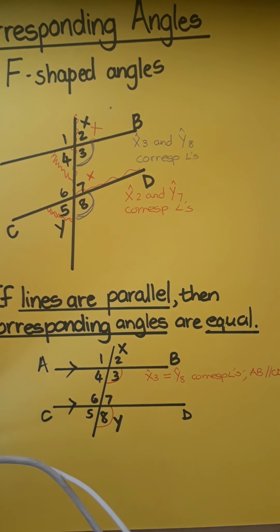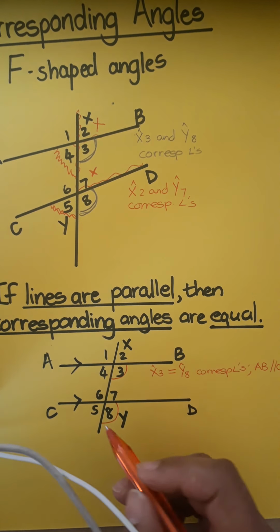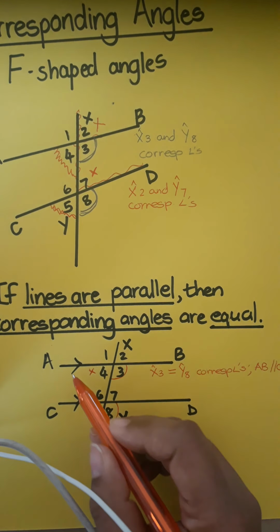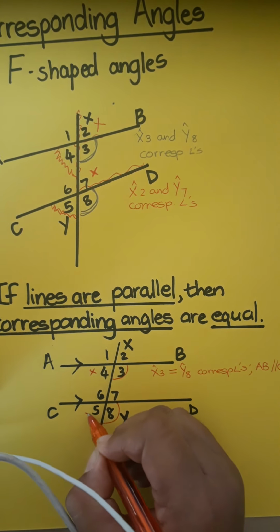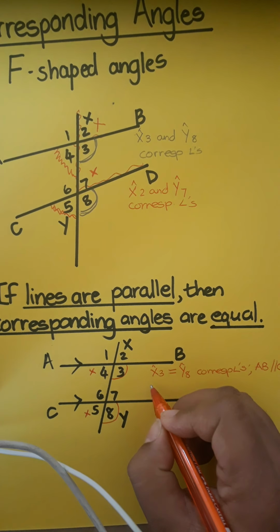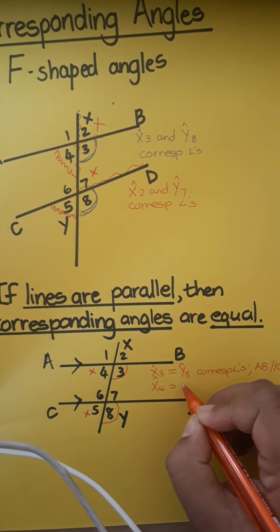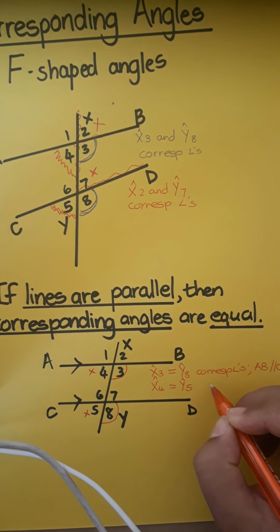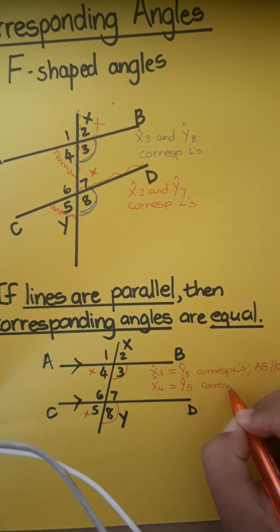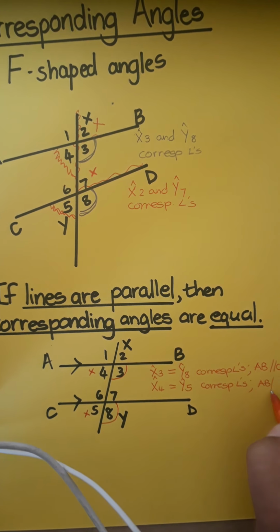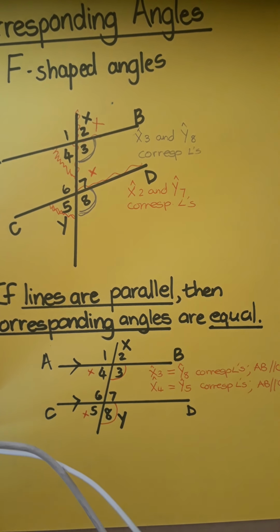Corresponding angles are only equal when the lines are parallel, right? So we have another set. We have this angle here, upside down, X4, and this angle, Y5. So I can write it as angle X4 is equal to angle Y5, corresponding angles. Which lines are parallel? AB is parallel to CD.